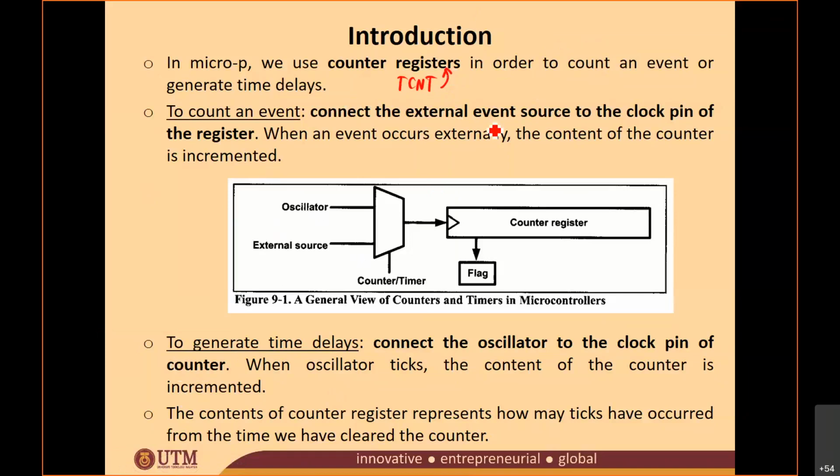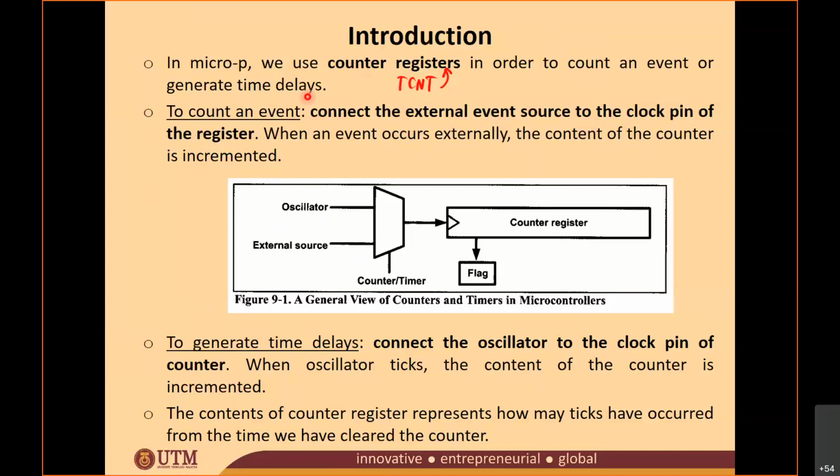As I mentioned earlier, this counter register can count an event. Either you can use it to count an event, or you can use it to generate a time delay. To count an event, you need to connect the external event source to the clock pin of the register.